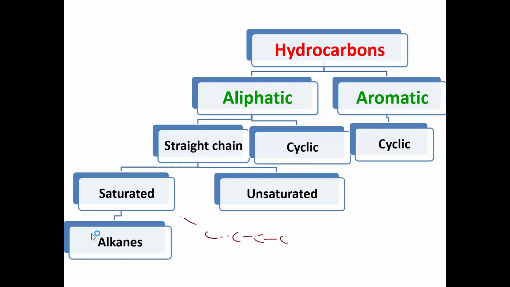So the carbon to carbon bonds in a saturated hydrocarbon are all single bonds. So in between each and every carbon in a saturated hydrocarbon, they have a single bond. That is why under saturated hydrocarbon we have alkanes. Alkanes are a family of compounds that have carbon to carbon single bonds throughout, and it has a general formula of CnH2n+2.